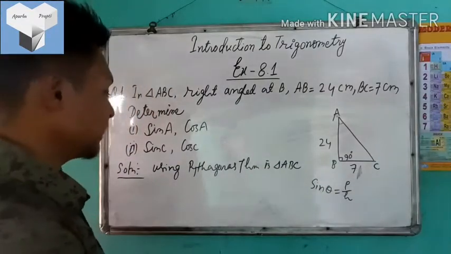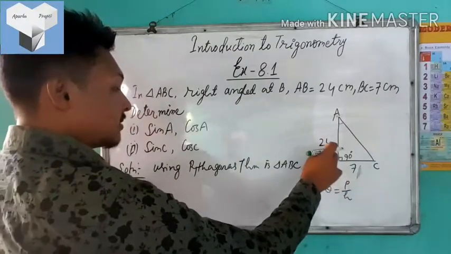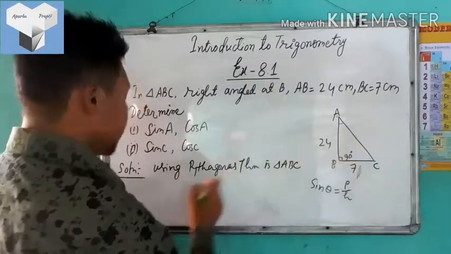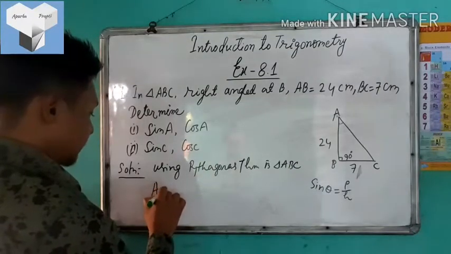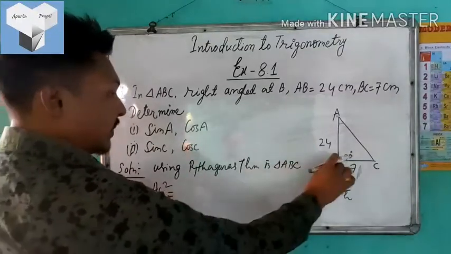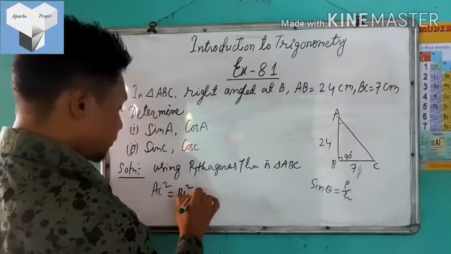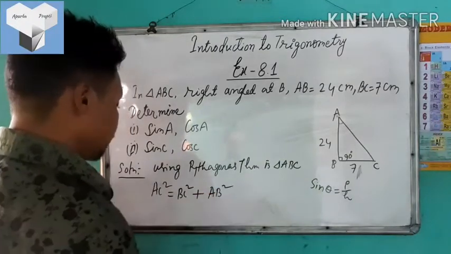Do you remember, guys? Yes, the square of hypotenuse is equal to the sum of the squares of base and perpendicular. That means here hypotenuse is AC and its square will be AC square. Base is BC square plus perpendicular is AB square.